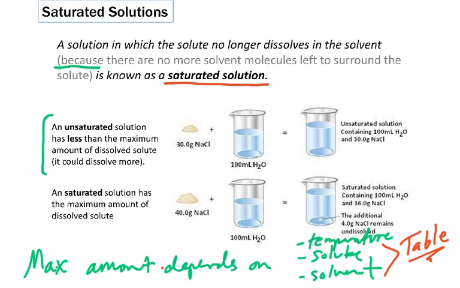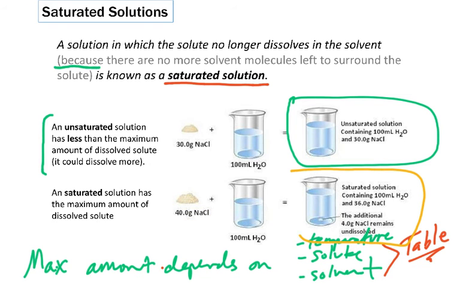So in this example here, if we have 100 milliliters of water, and we're going to add 30 grams of sodium chloride, then we would have an unsaturated solution where the 100 milliliters would contain 30 grams of sodium chloride dissolved. But if we added 40 grams into 100, we would have a nice little pile of sodium chloride at the bottom, undissolved, that would be 4 grams worth, which means 36 grams dissolved in 100 milliliters of water.